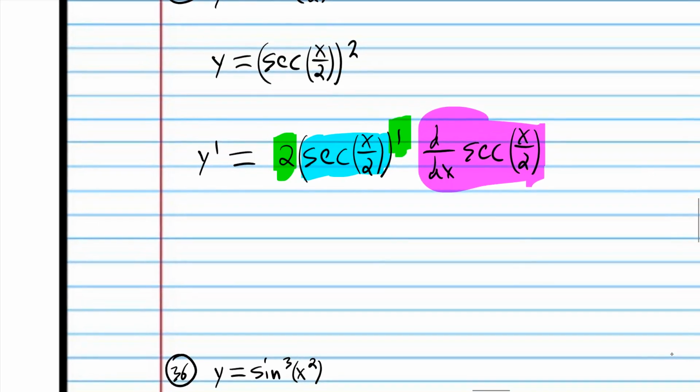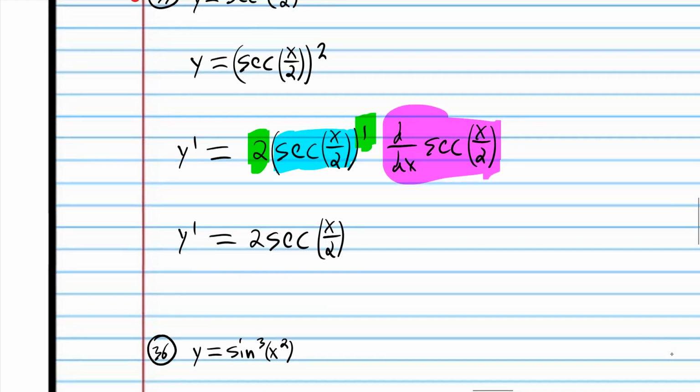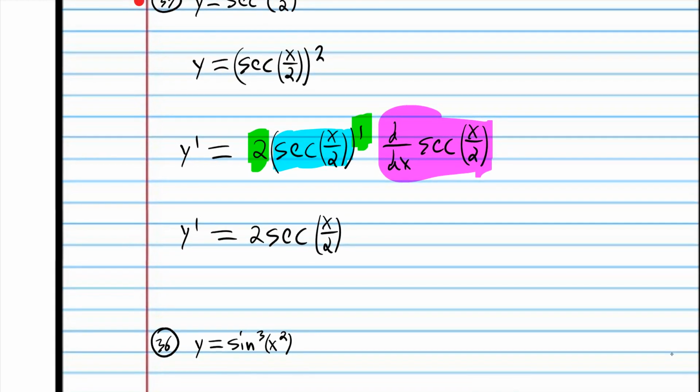But you can see that when we find the derivative of this, we have to use the chain rule again. So secant x over 2 to the first power is just secant x over 2. And the derivative of secant x over 2 is secant x over 2 times tangent x over 2.